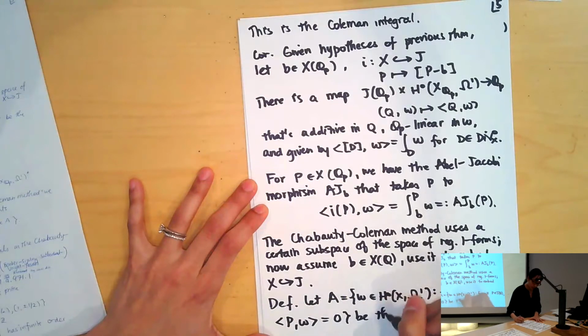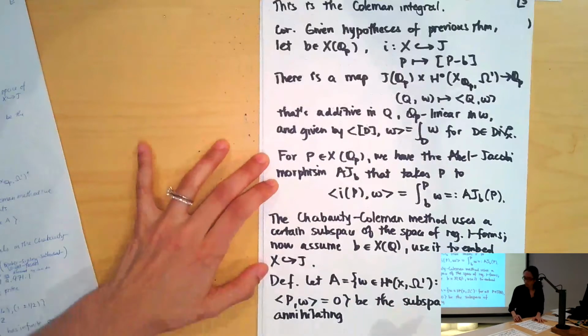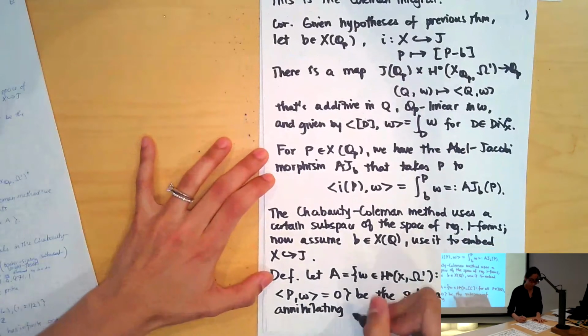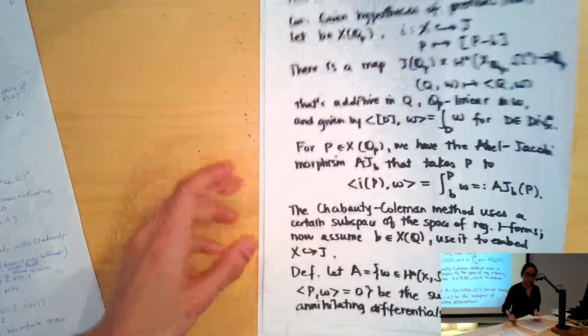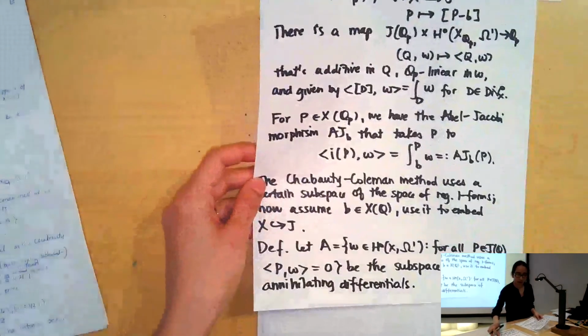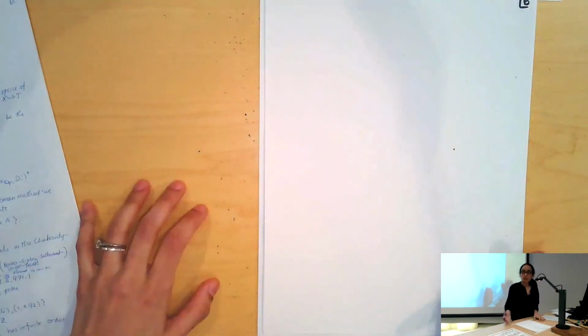This is the subspace of annihilating differentials. Okay. So our main goal in computing with the Chabauty-Coleman method is to compute annihilating differentials and then understand them to compute rational points.